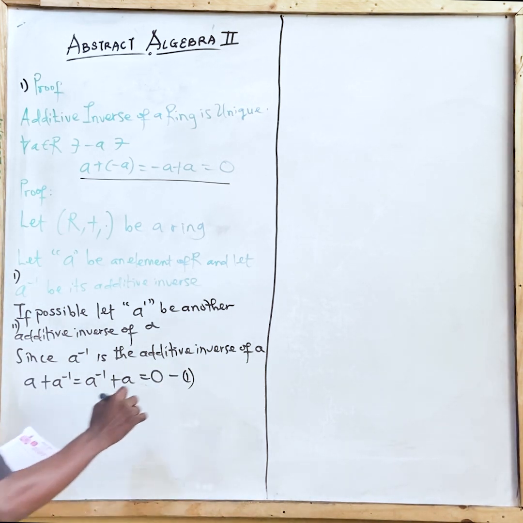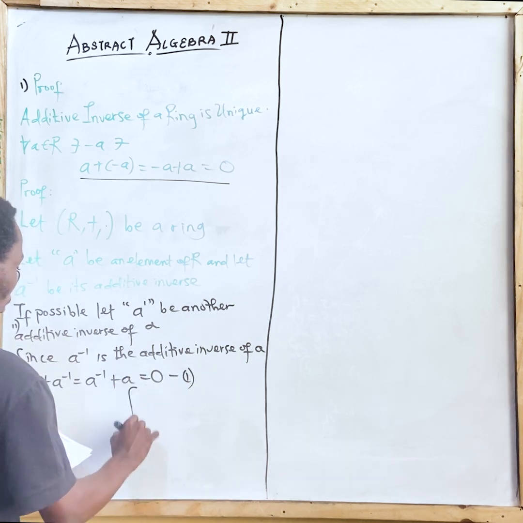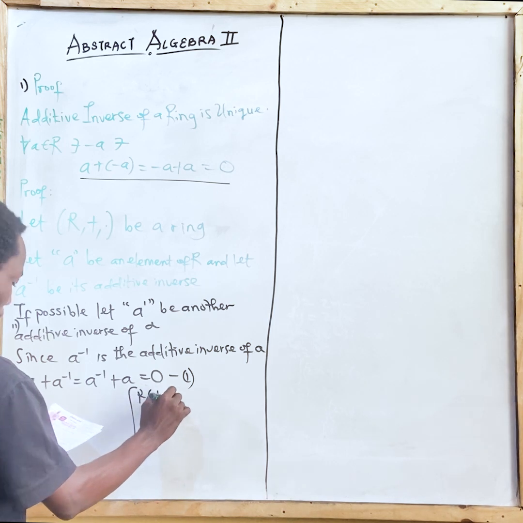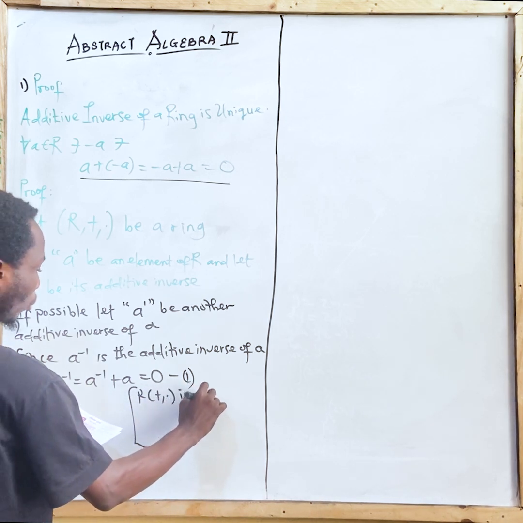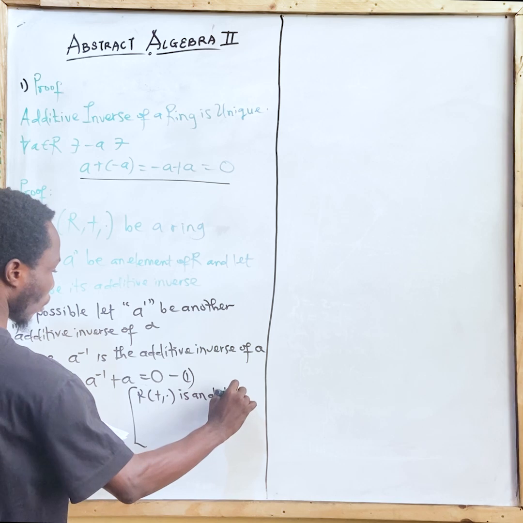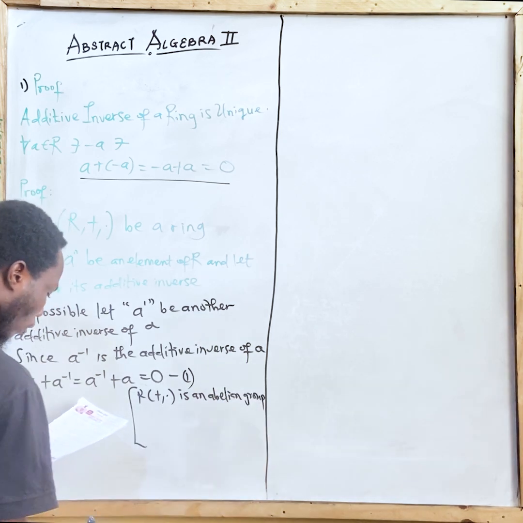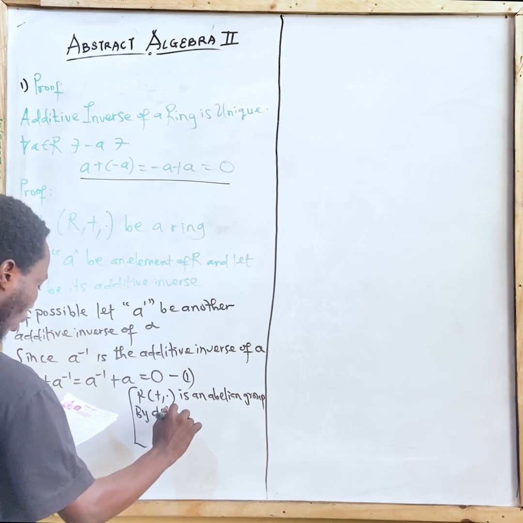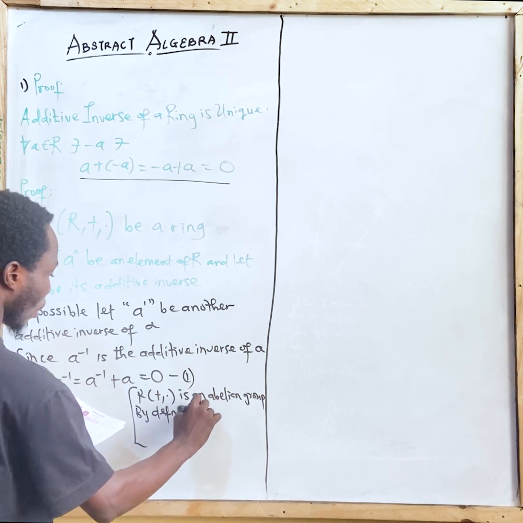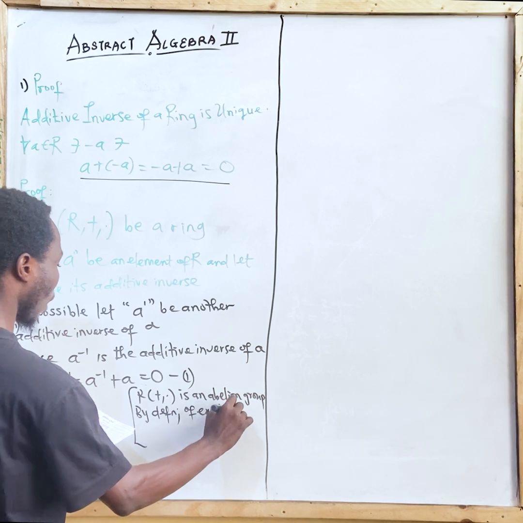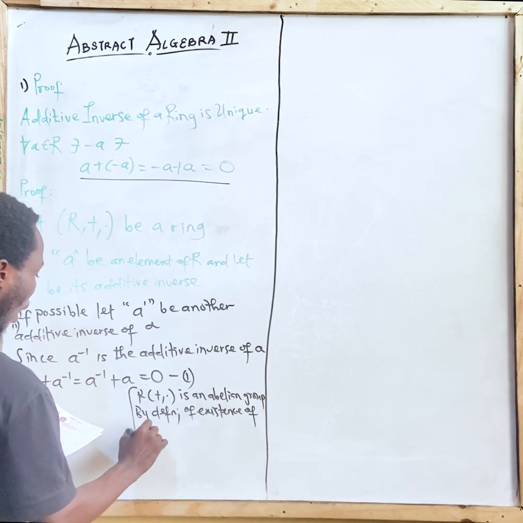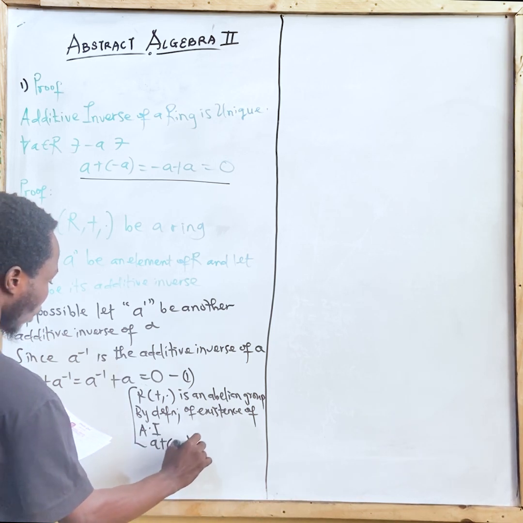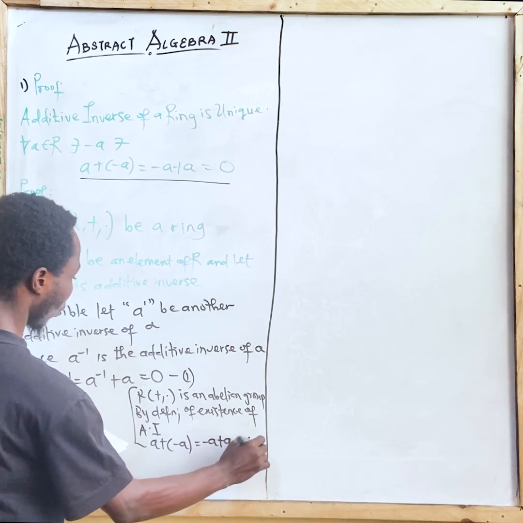You can write beside it that a ring is an abelian group, so by definition of existence of additive inverse, we know that A plus minus A equals minus A plus A, which is equal to 0.